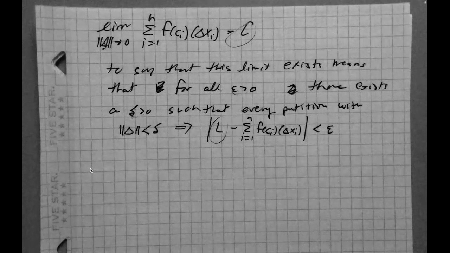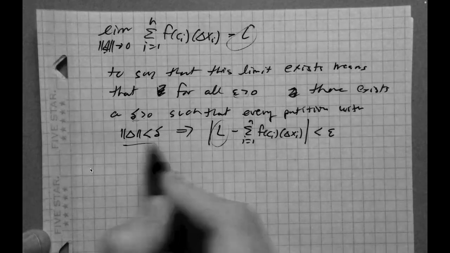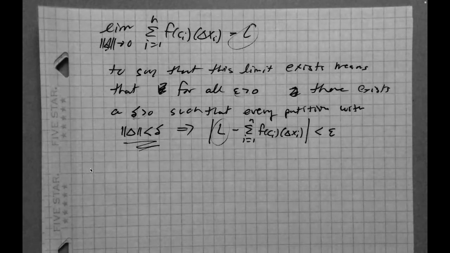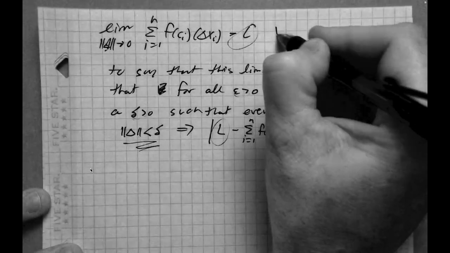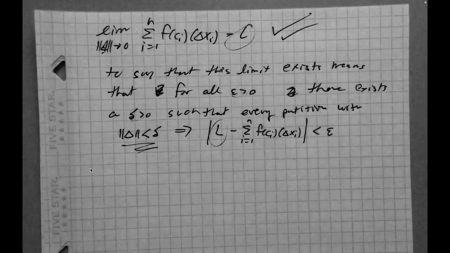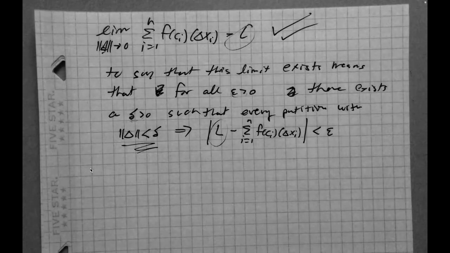I can get within epsilon of the true area by just making the partition fine enough. That's what this beautiful little ditty is telling us.